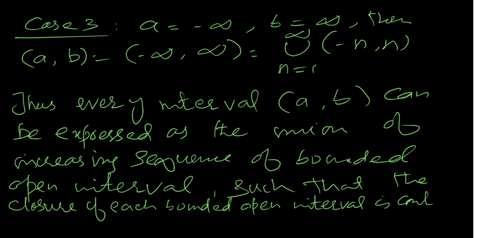Let x naught belong to the bounded open interval (a, b), any point of it. Then at this point we check when the function is continuous and when it's discontinuous. Since the function is monotonic increasing, both the left hand and the right hand limit exist at this point x naught.